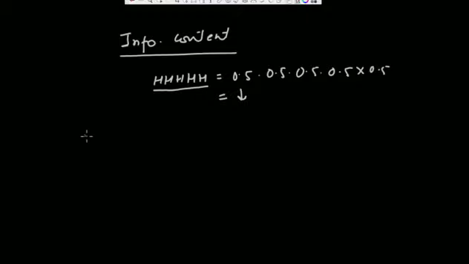So somehow the information content in information theory is given by the inverse of probability. This is sometimes also known as surprisal, which means an outcome which is surprising you, right? Low probability event, if it has happened, it is surprising for you. So it's also known as surprisal sometimes.